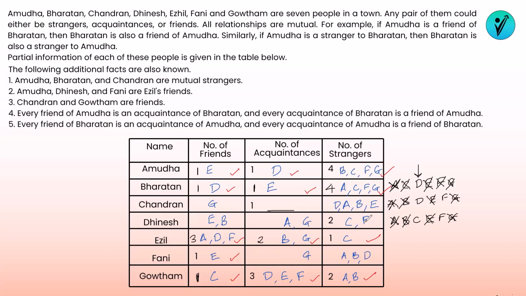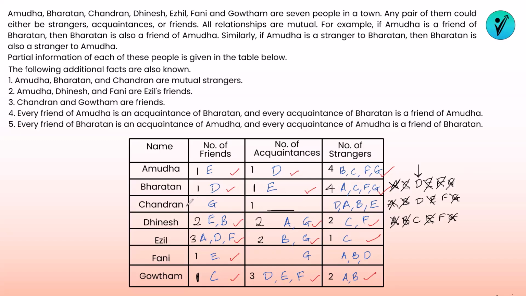These all three boxes have been filled up. We have 6 people in 3 boxes. That means I can cross out all the boxes for D. This is taken care of, this is taken care of, this is taken care of. And the breakdown is 2, 2, 2. So 2 friends, 2 acquaintances, and 2 strangers has been accounted for.